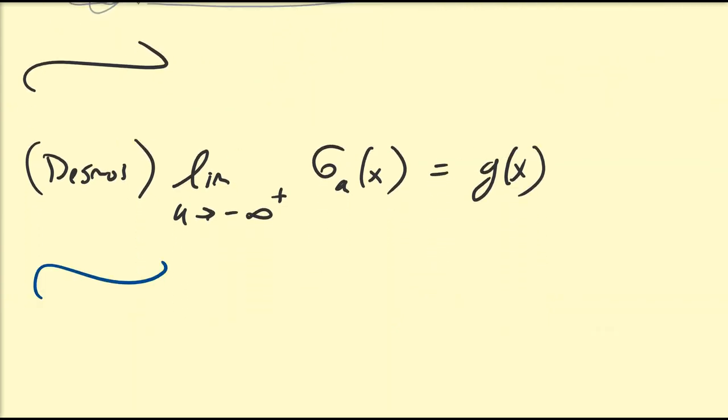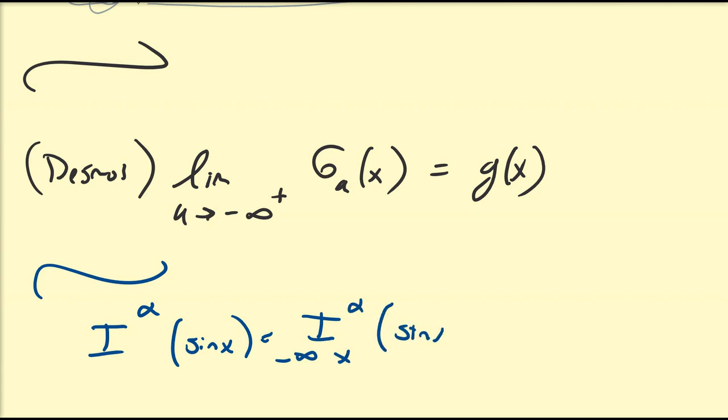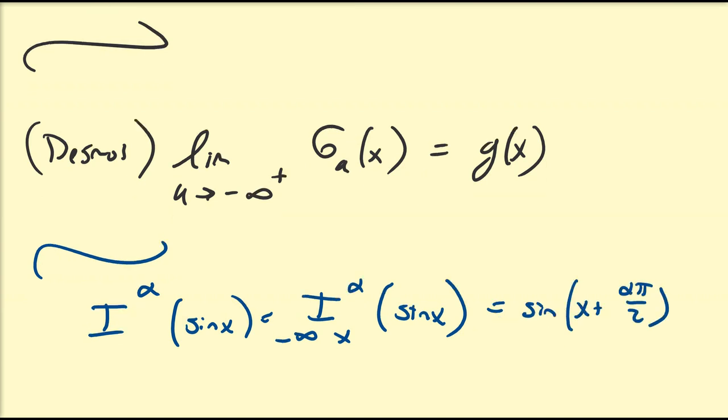So it is reasonable, at least from this discussion, that maybe we should define the fractional integral of sine of x to be equal to the Riemann-Liouville fractional integral with base point negative infinity to x of order alpha of sine of x to be equal to sine of x plus alpha pi over 2.